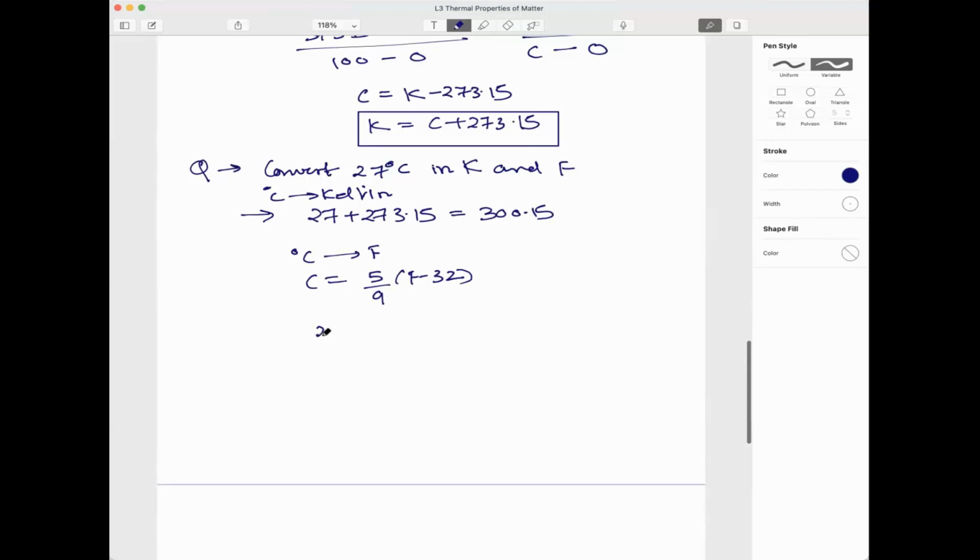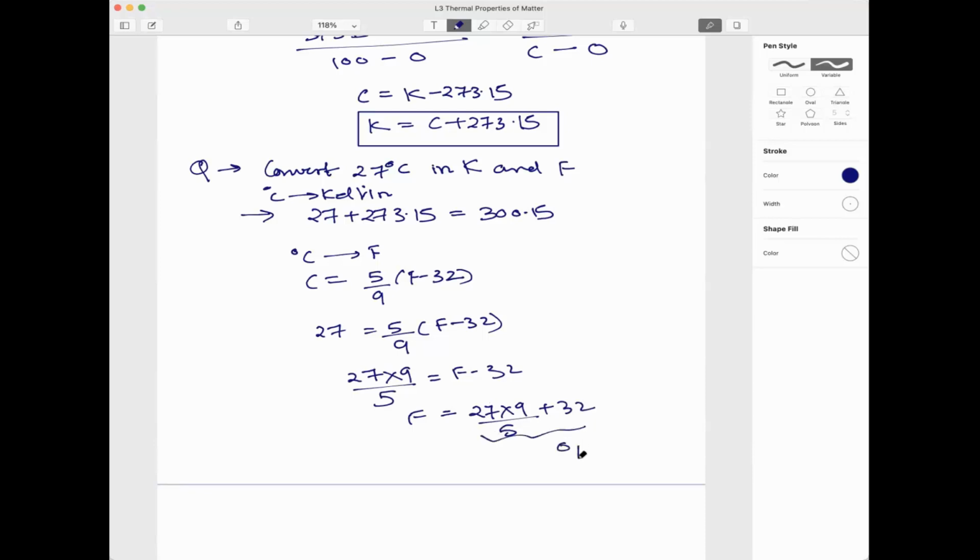C we know is 27, we need to find F. So F is 27 into 9 divided by 5 plus 32. Just solve it and you will find the answer. I'm not doing the calculation. So this comes out to be the degree Fahrenheit and this is Kelvin.